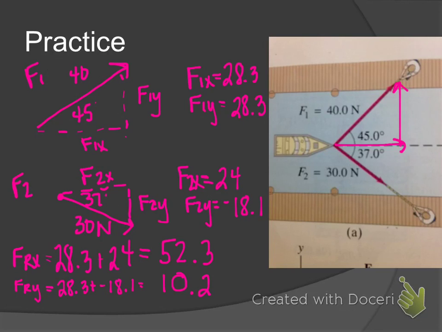Do we agree with those resultant components? Yeah. Okay, so now we build our new triangle.